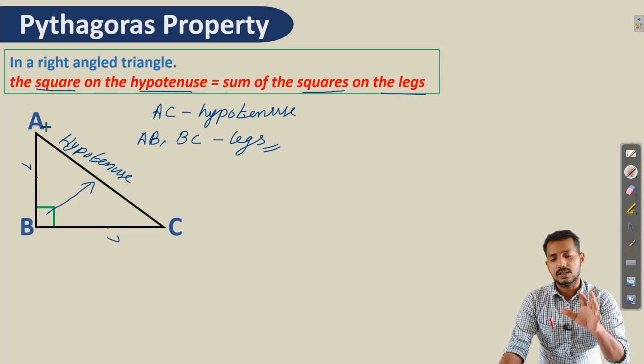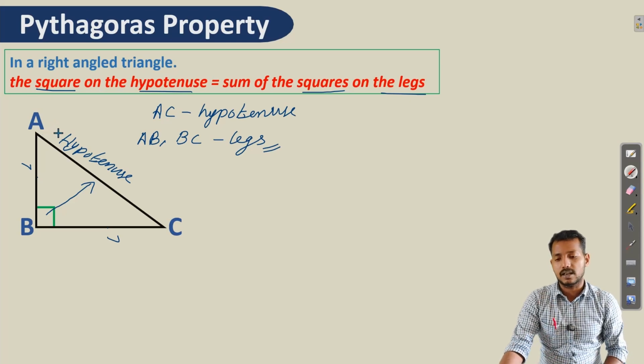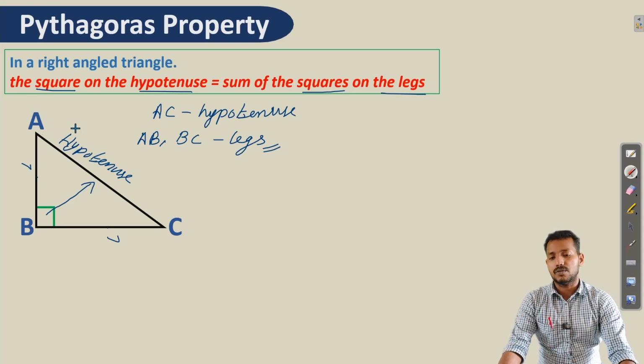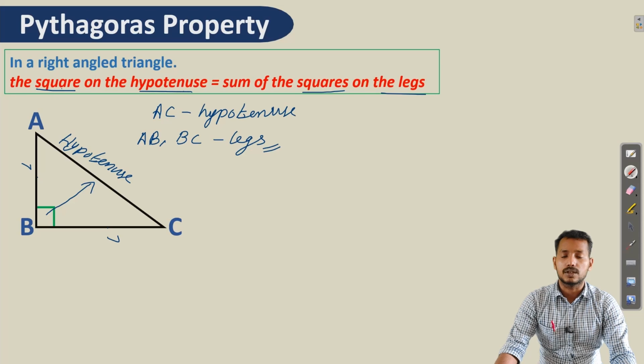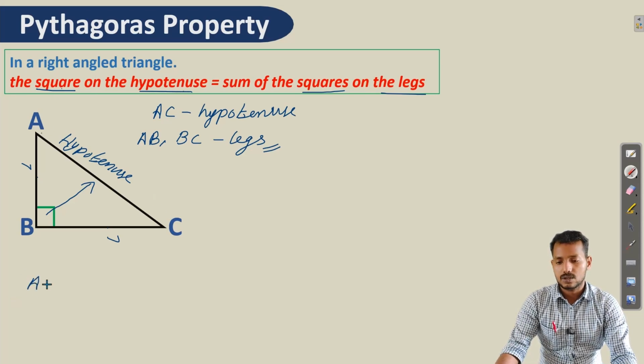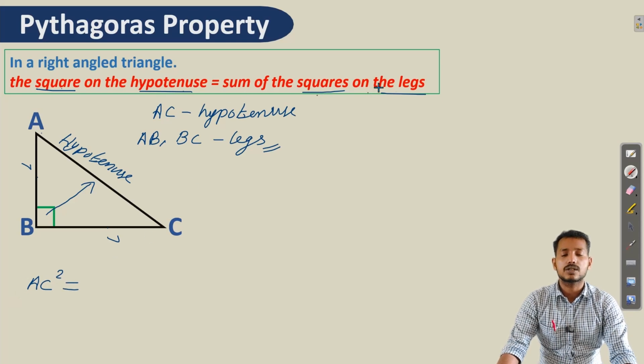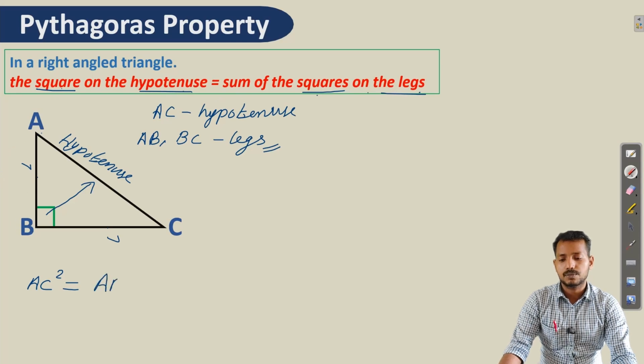Now let's apply Pythagoras property in this right angled triangle ABC to get it in the form of an equation. Square on the hypotenuse, that is AC square, is equal to the sum of the squares on the legs. That means AB square plus BC square.